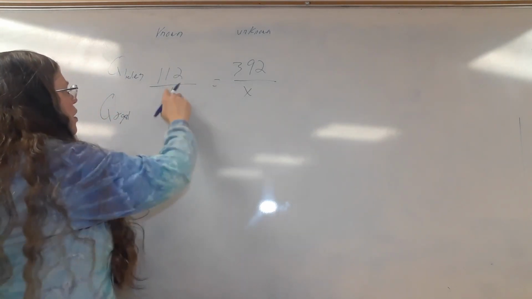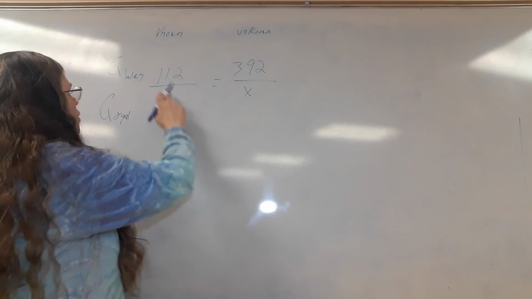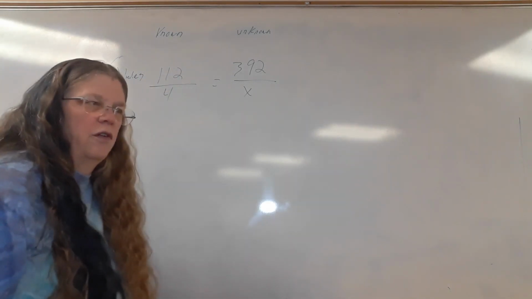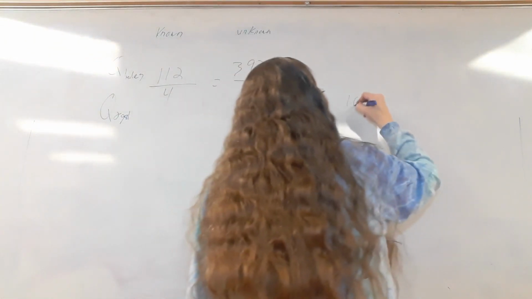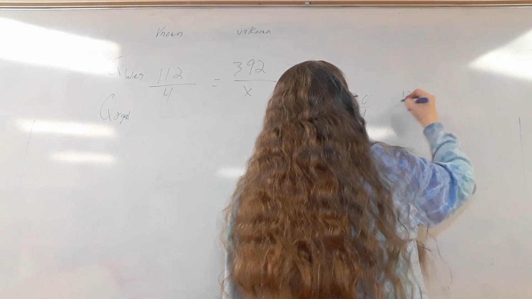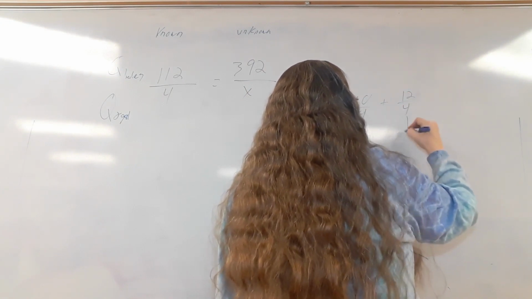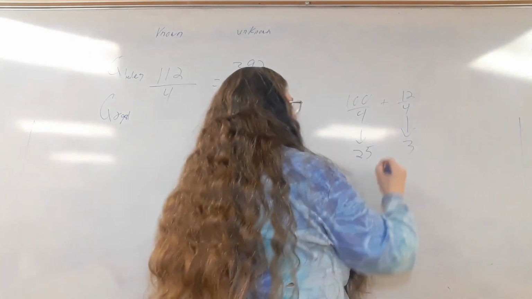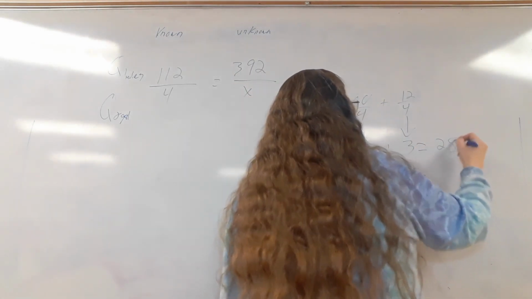So let's look at this one. I know 4 goes into 100 and 4 goes into 12, so 4 has to go into 112. 100 divided by 4 is 25. 12 divided by 4 is 3. So 4 goes into 112 28 times.